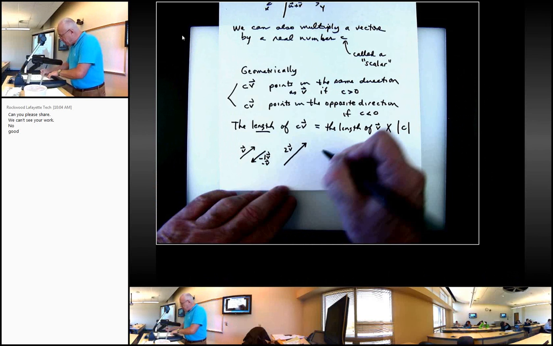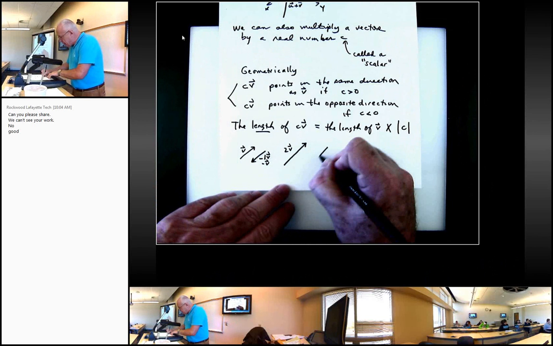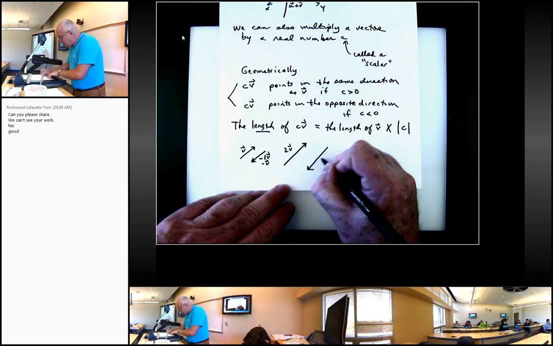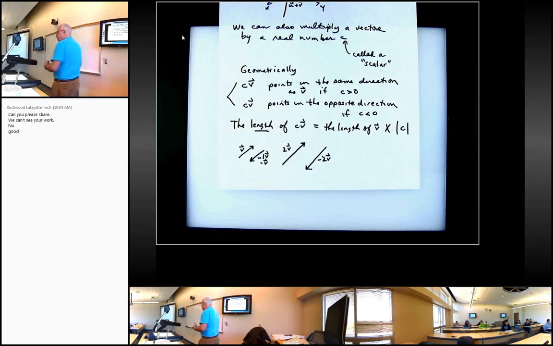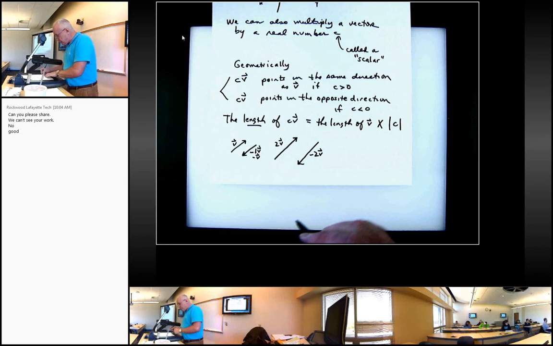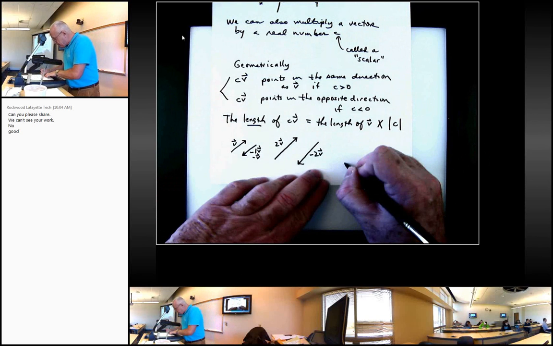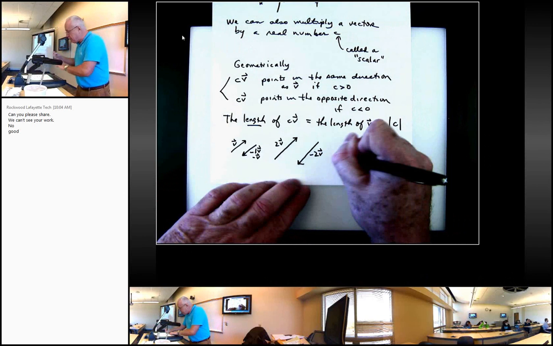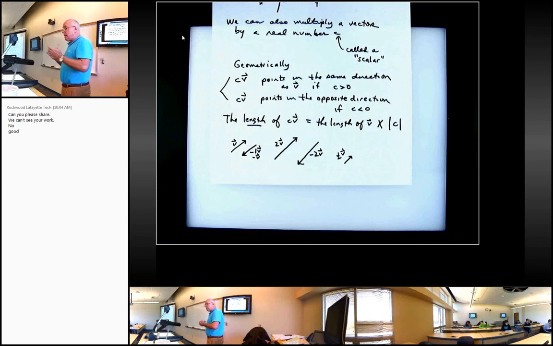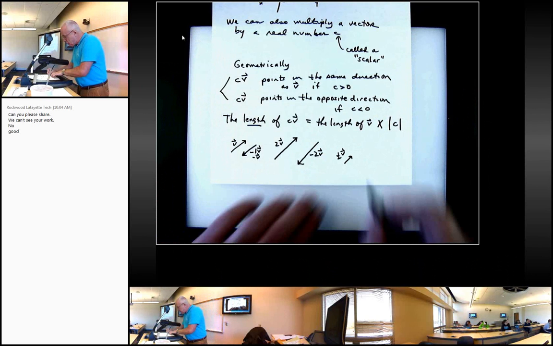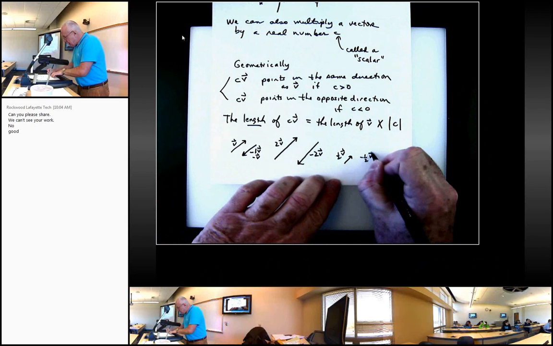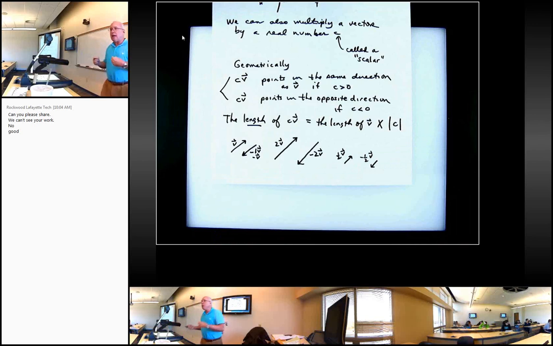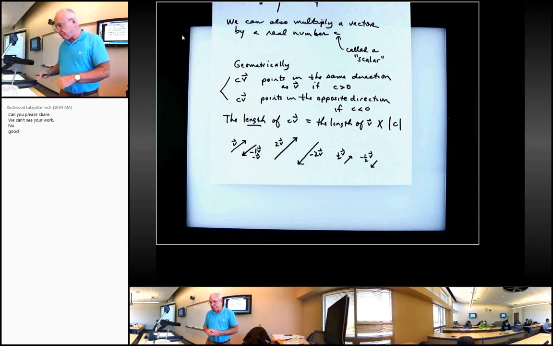And if we multiplied it by negative 2, it would have twice the length, but go in the other direction. So we change direction. And of course, we can multiply vectors by fractions. Something like this would be 1/2 times v. It would have half the length and the same direction, but minus 1/2 times v has half the length in the opposite direction.